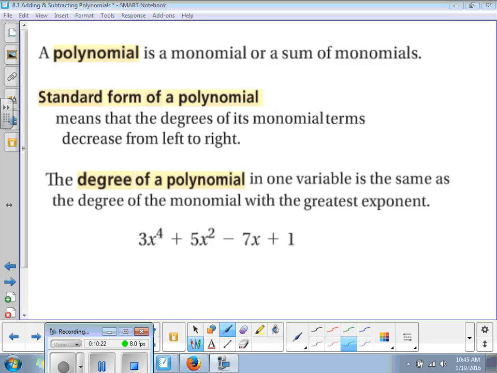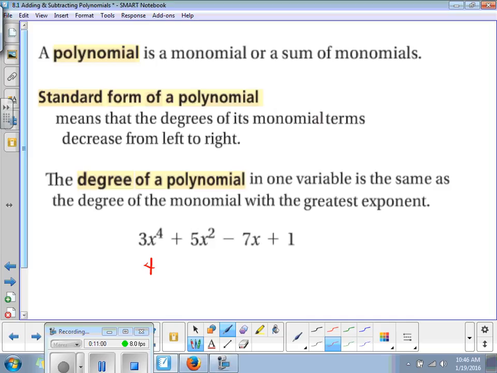In order for us to find the degree of this polynomial, we have to look at the degrees of each individual term, each one of the monomials, and then choose the highest one. And that would be the degree of the polynomial. So for this one, we can look at the degree of each of the monomials. For the first one, that term is a fourth degree.